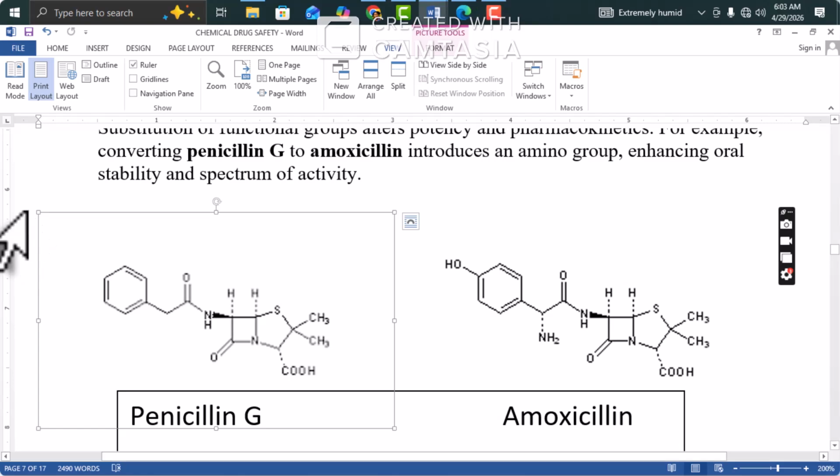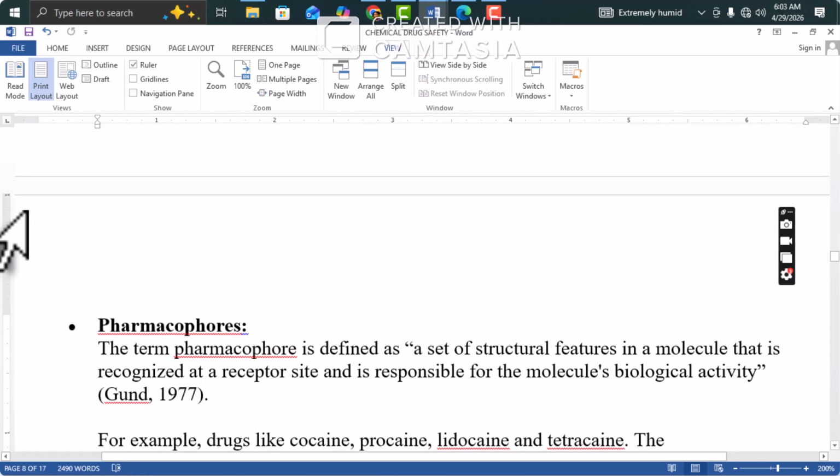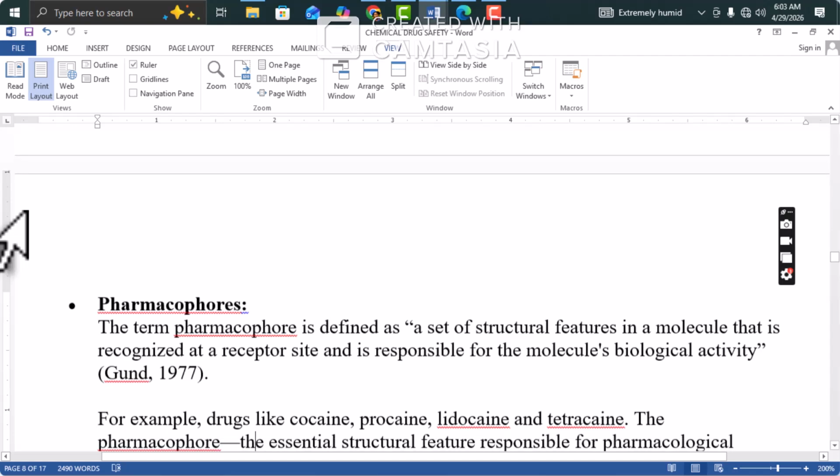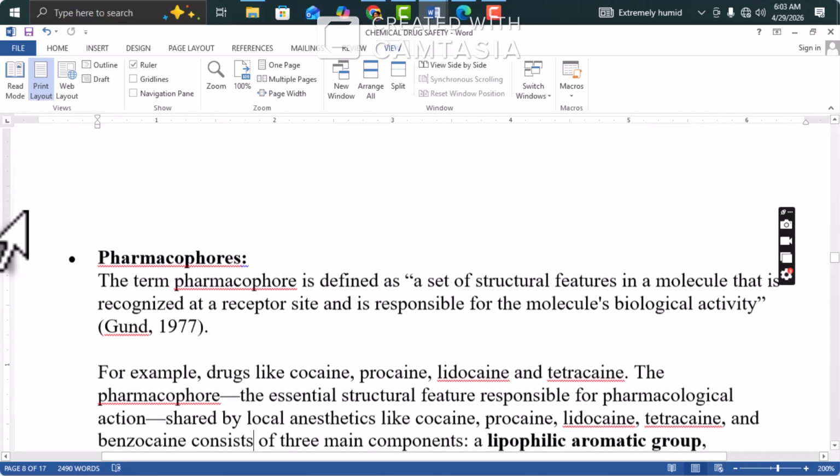Next, B is pharmacophores. Pharmacophore is defined as a set of structural features in a molecule that is recognized at a receptor site and is responsible for the molecule's biological activity.